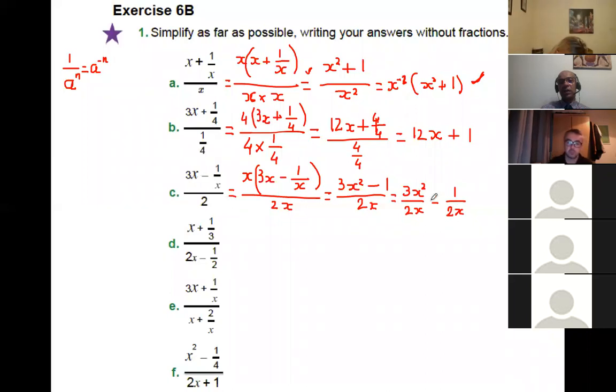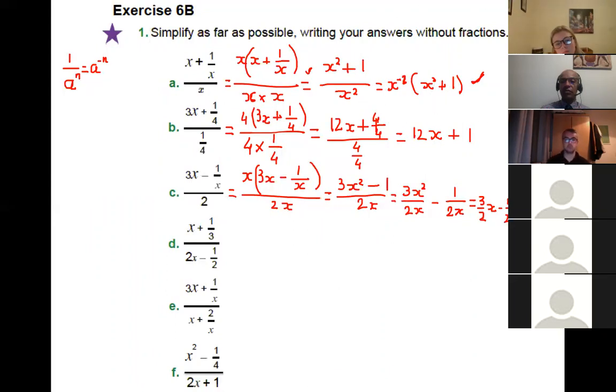So we're just going to leave it. 3x squared divided by 2x is 3 over 2 x, nothing I can do really, minus 1 over 2x.